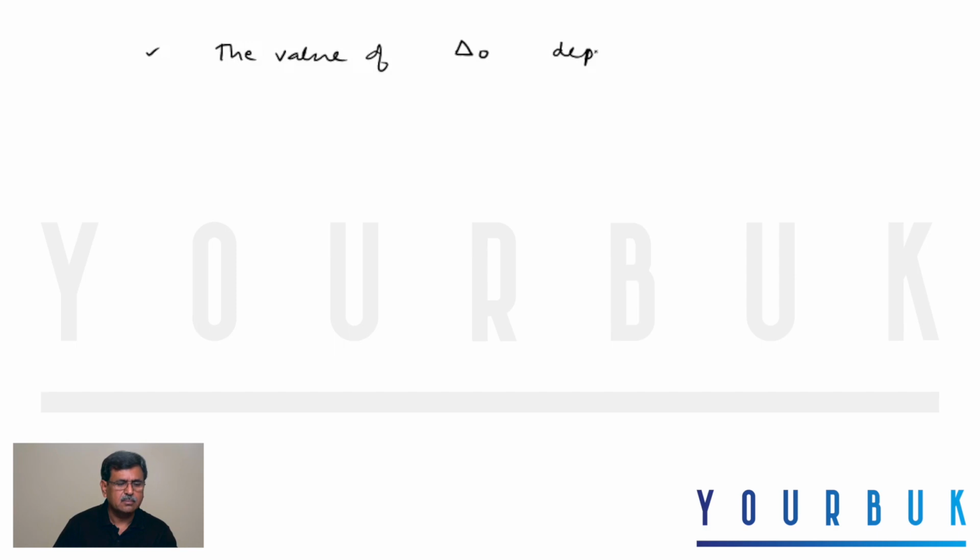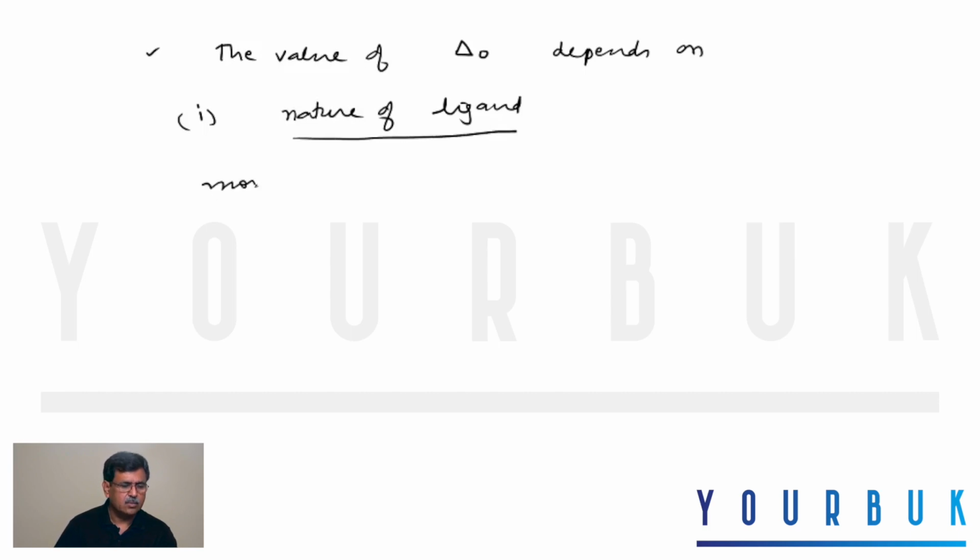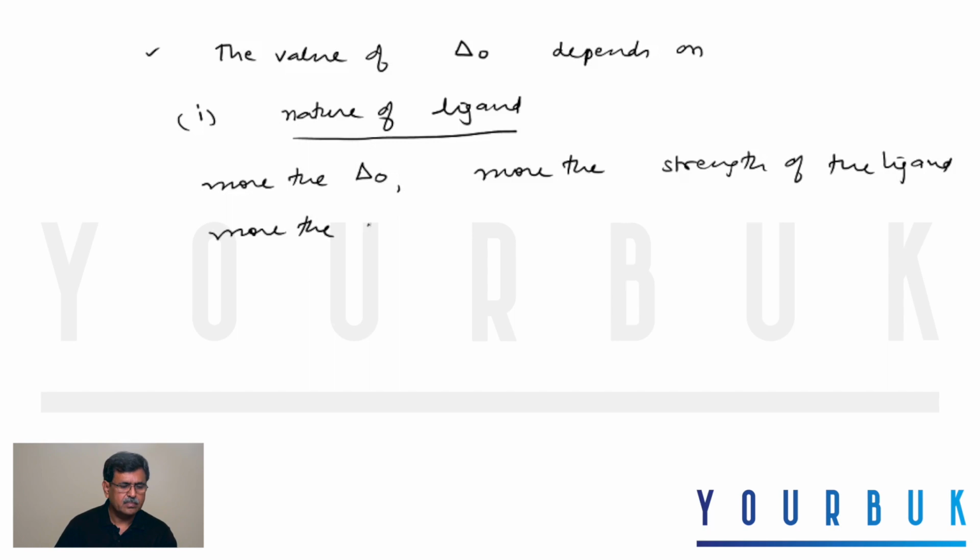The value of delta O depends mainly on two factors, and the first is the nature of the ligand. The more the strength of the ligand, the more the delta O, and the lower the value of lambda, the wavelength.